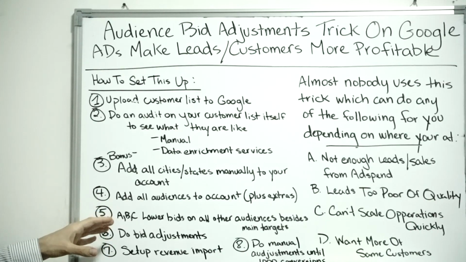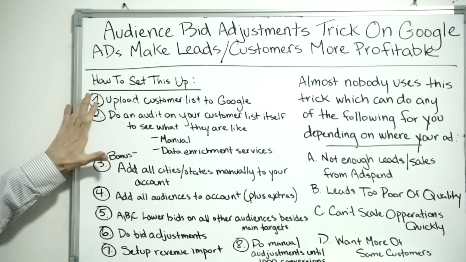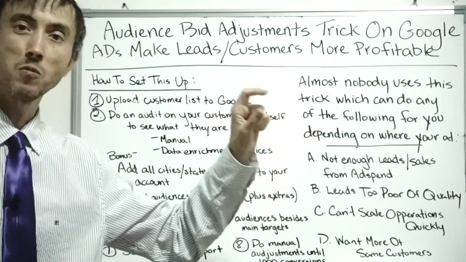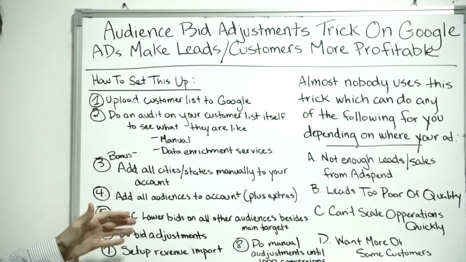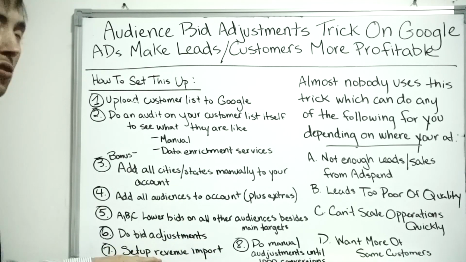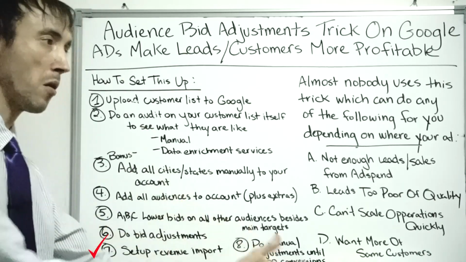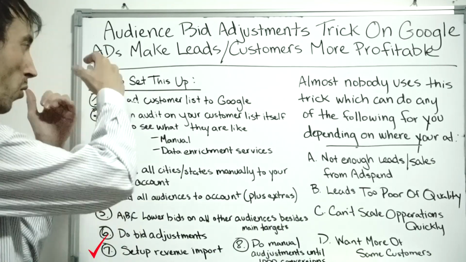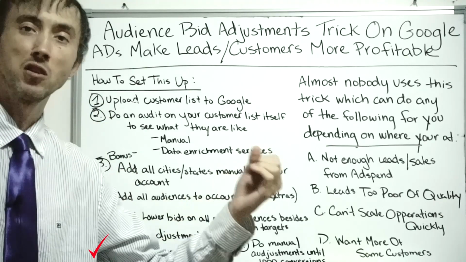With all that said, doing the research of your customer and trying to do bid adjustments for customers that are either your ideal customers or just what looks like your customers in general, like I was talking about before, the real holy grail is just to set up revenue tracking in your account, so that when you get a customer, you import your revenue data into your account, so you can see from what audiences it's coming from specifically, and to what level, how much did they spend.